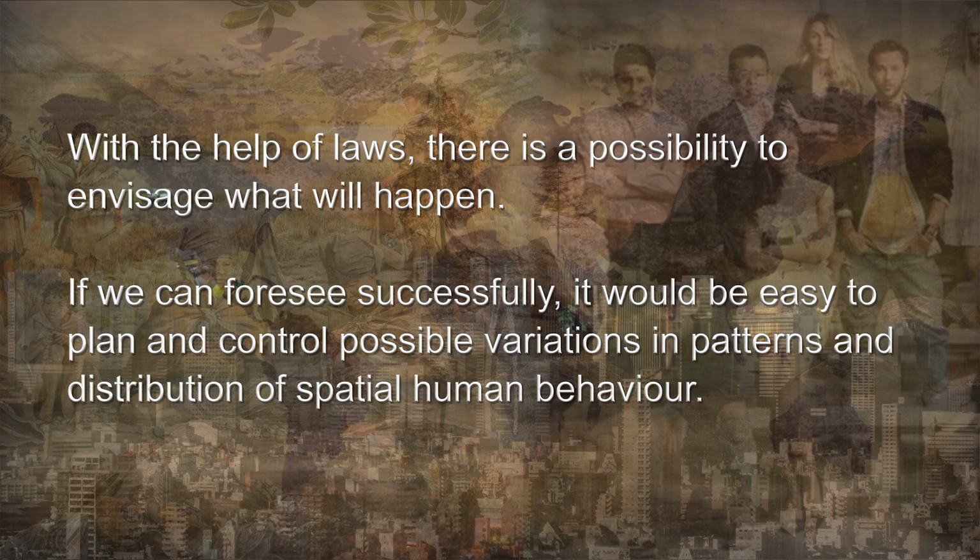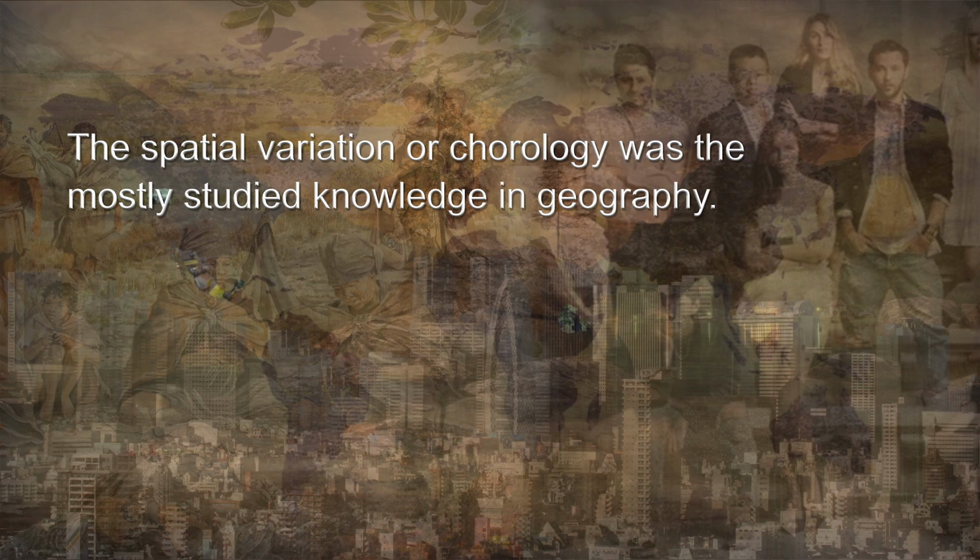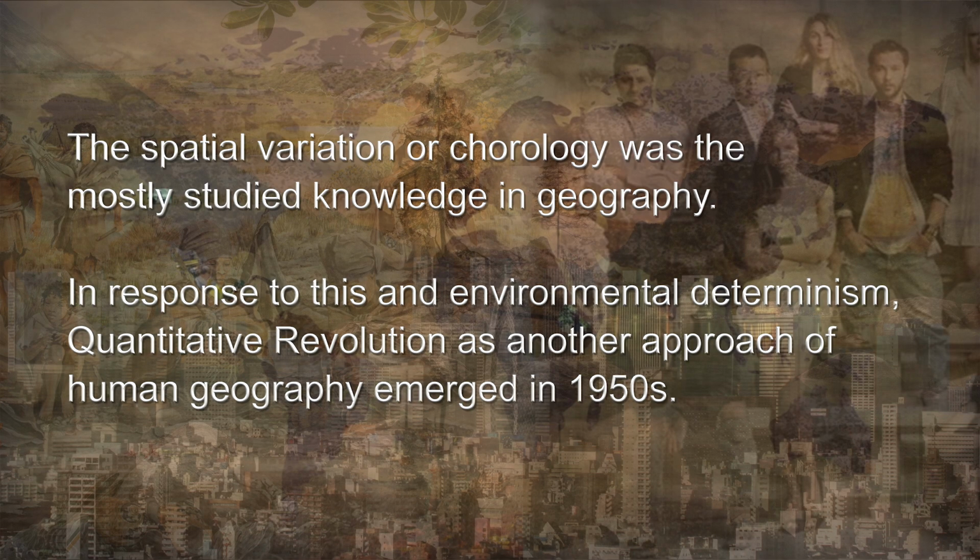of spatial human behavior. The spatial variation or chorology was the most studied knowledge in geography. In response to this and environmental determinism, the quantitative revolution, as another approach of human geography, emerged in the 1950s.